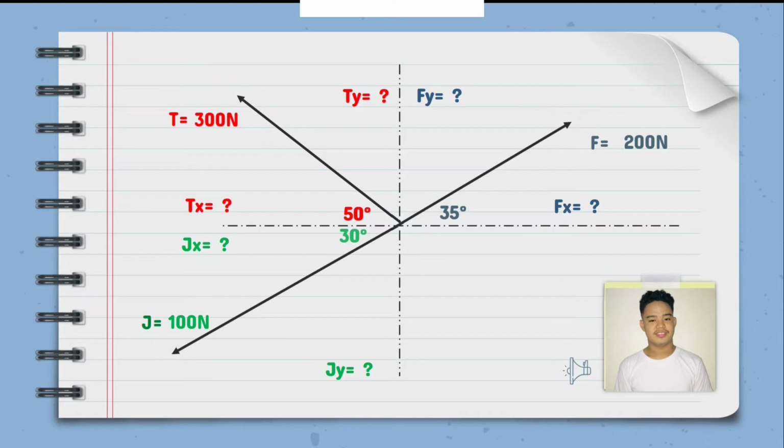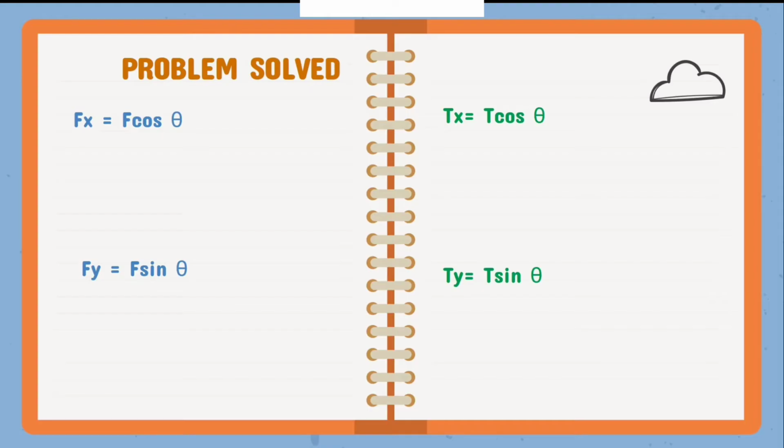The things that we need to solve here are the vertical and horizontal vectors, the resultant forces, the summation of x and the summation of y. Then we proceed in problem solving.